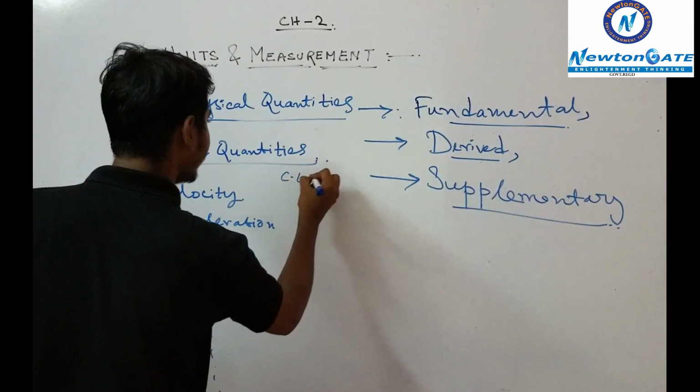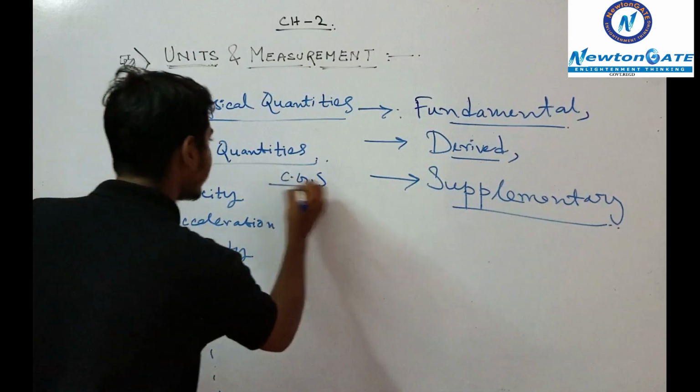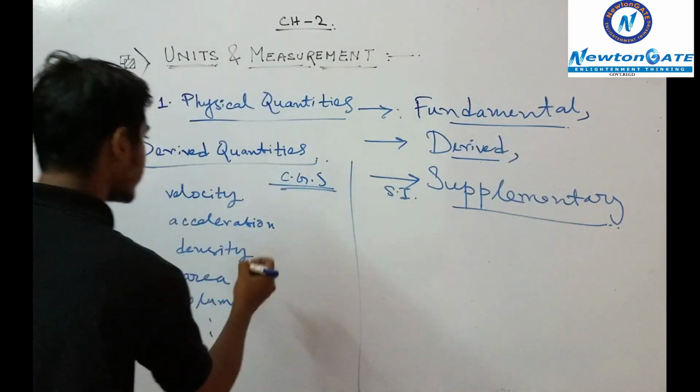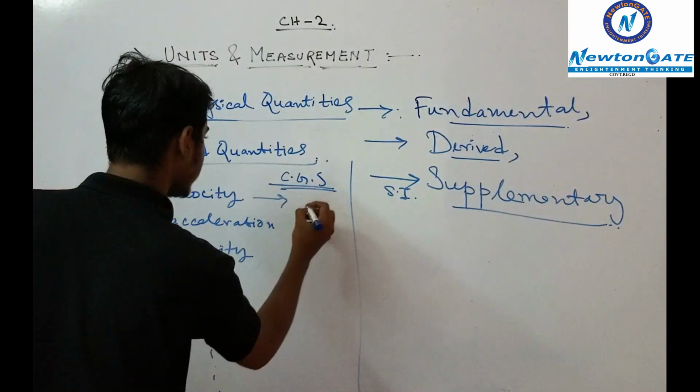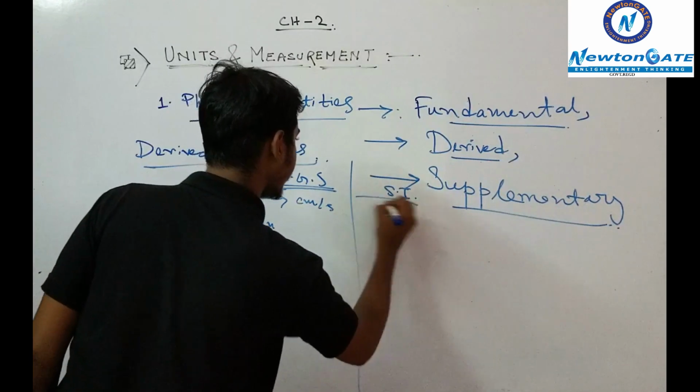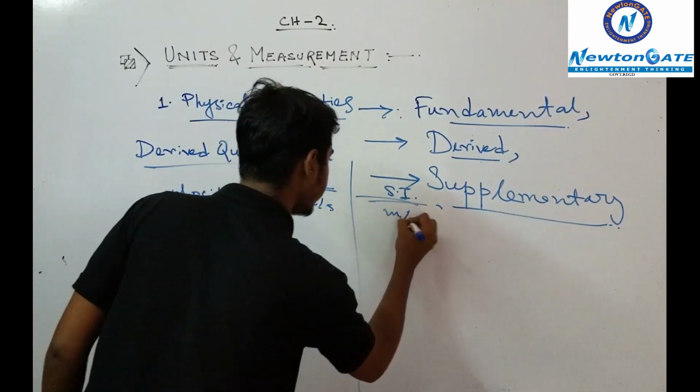If we write the units in CGS, that is centimeter gram second, and SI, we will discuss the units also. Velocity is centimeter per second in CGS. In SI, it is meter per second.